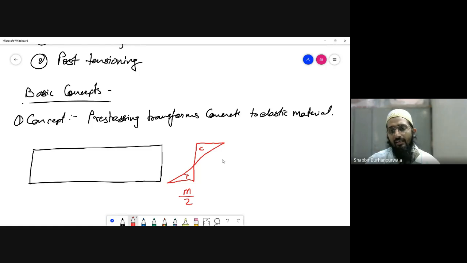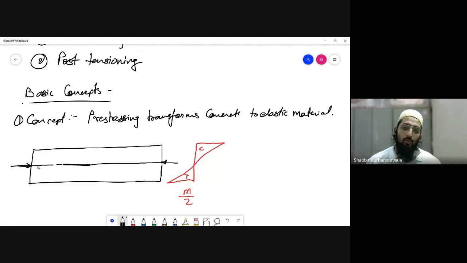What do we say? That we apply a concentric load at the center, which is trying to compress this particular member. At the center, I am applying a tendon, and that tendon is first stretched outward, anchored at the two ends and then cut and released.